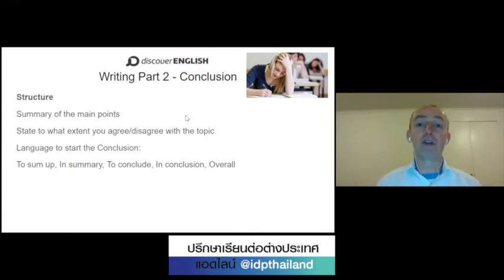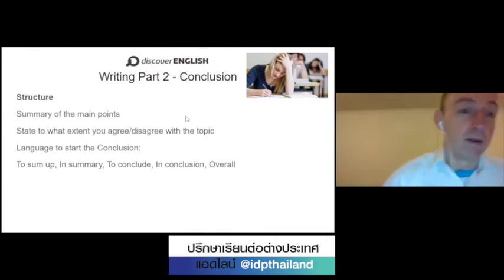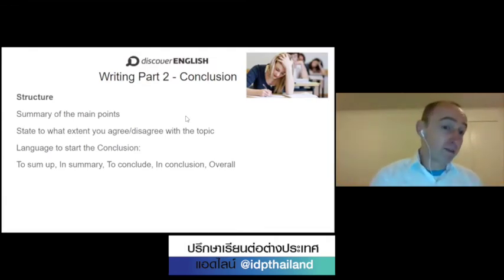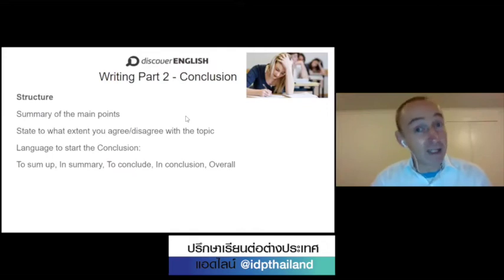And now let's look at the conclusion for writing part 2. The structure of the conclusion would be the summary of the main points. And if you haven't done this already in the introduction, or even if you have, you can reiterate it. That's most common in the conclusion. Then state to what extent you agree or disagree with the topic, because remember that was part of the task.